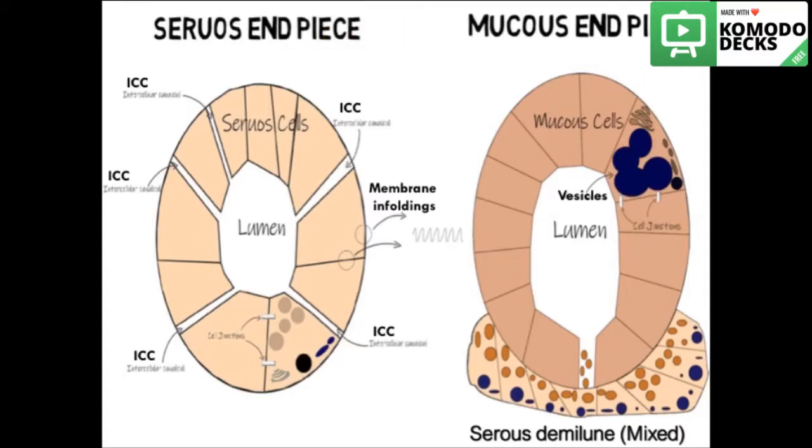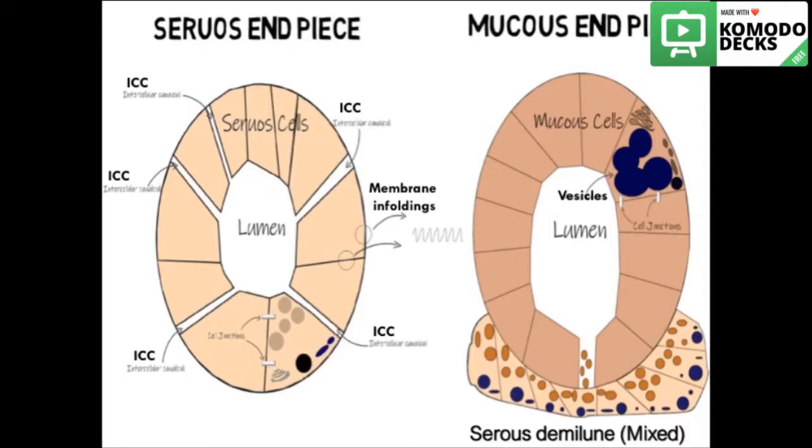Roughly speaking, both types have cell junctions in between, while the serous end pieces, or the serous cells, may have what is called intercellular canaliculi, small canals in between the cells.